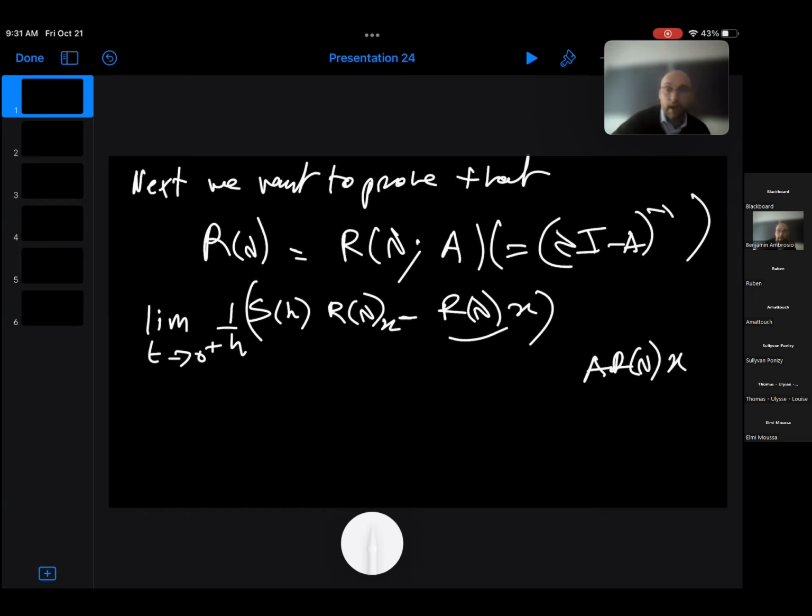So as an exercise, I propose to try to compute this limit. Try to do that.